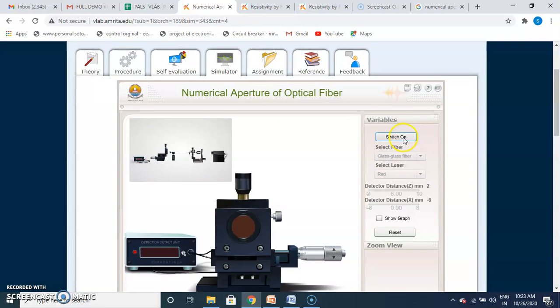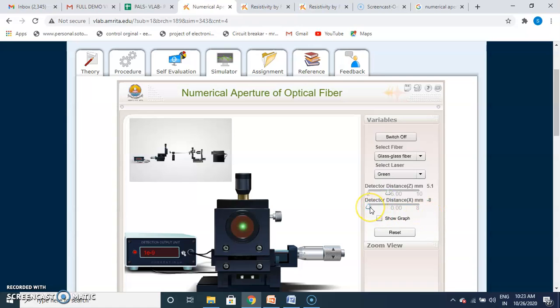Switch on. We have two fibers, one is plastic fiber and another one is glass fiber. I'm selecting the glass fiber, and I'm selecting the green laser source. The distance between the detector and the stand, I'm choosing as 5.1.